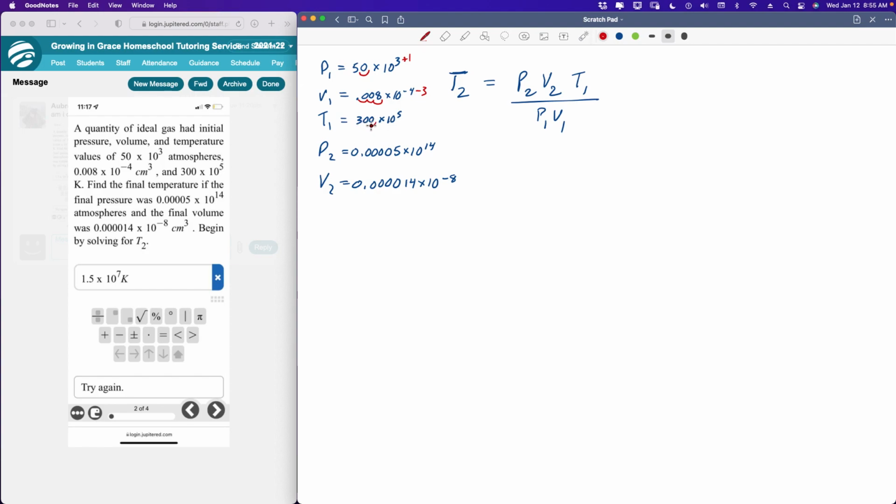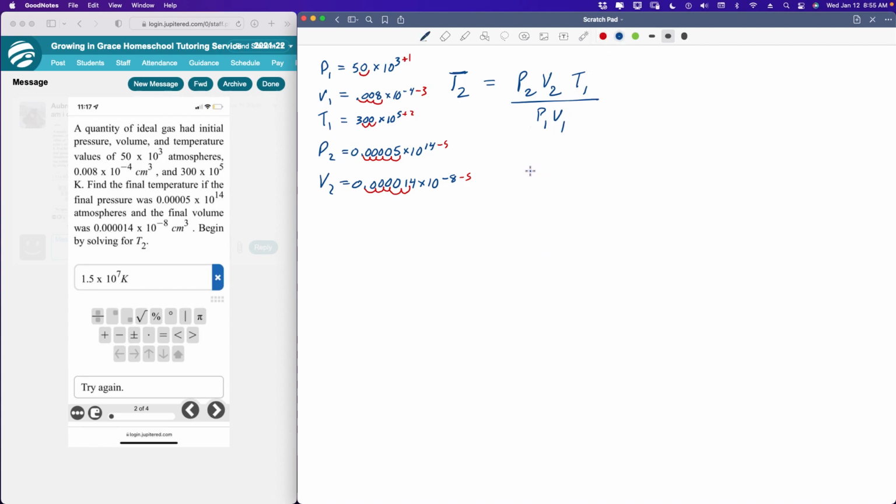This decimal goes to the left, 1, 2, so plus 2. To the right, 1, 2, 3, 4, 5, minus 5. So now I can rewrite these and put them into the formula.